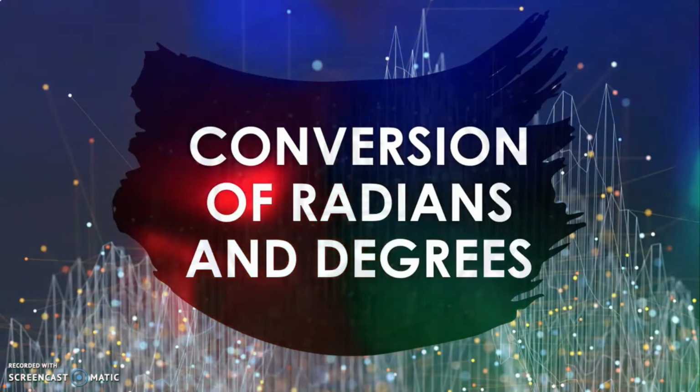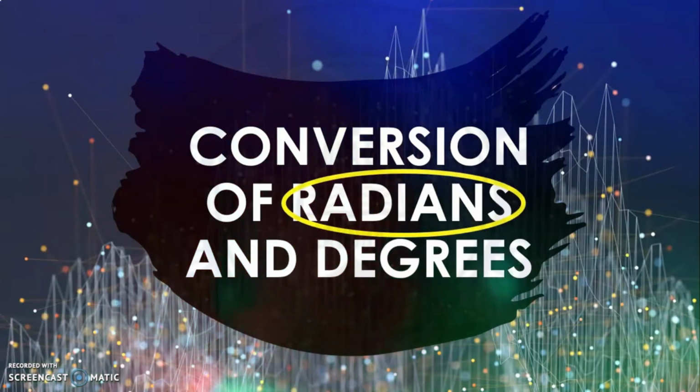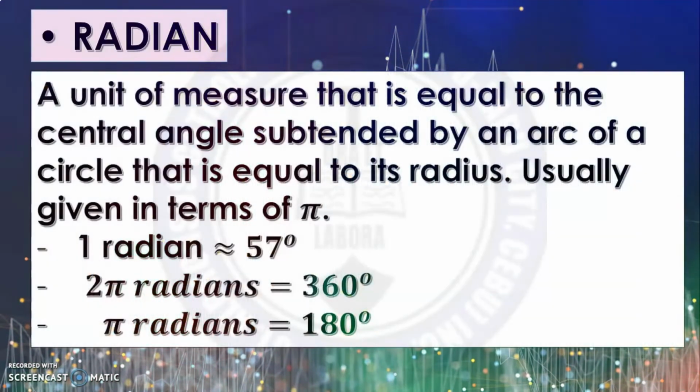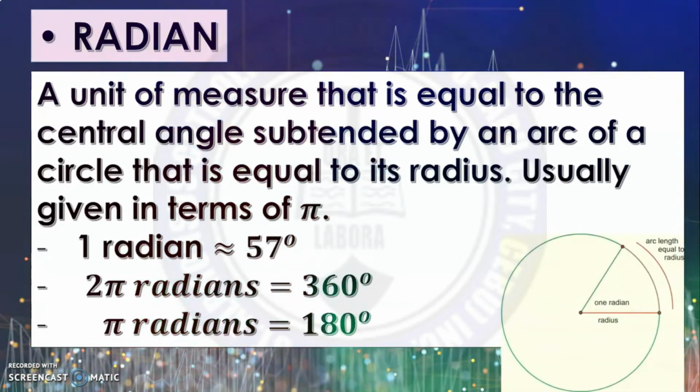So, the unknown word here in this topic is radians. What is a radian? A radian is a unit of measure that is equal to the central angle subtended by an arc of a circle that is equal to its radius. So for example, this is the circle, class.